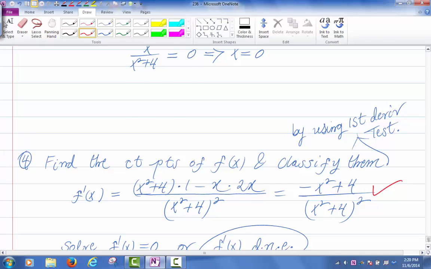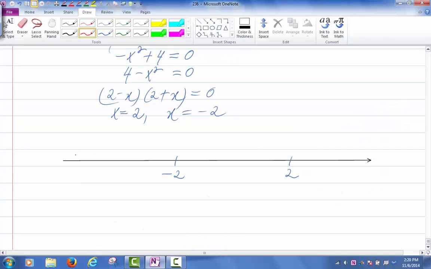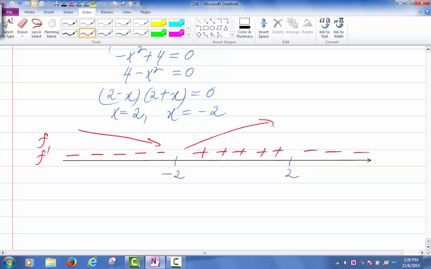So I can come up with exactly where the derivative is. Negative here, positive, negative, which means that our function f, since this is the derivative function, would be decreasing here, increasing here, and decreasing here.